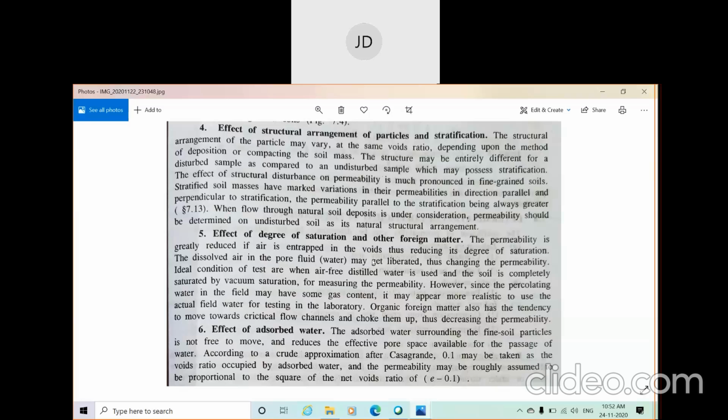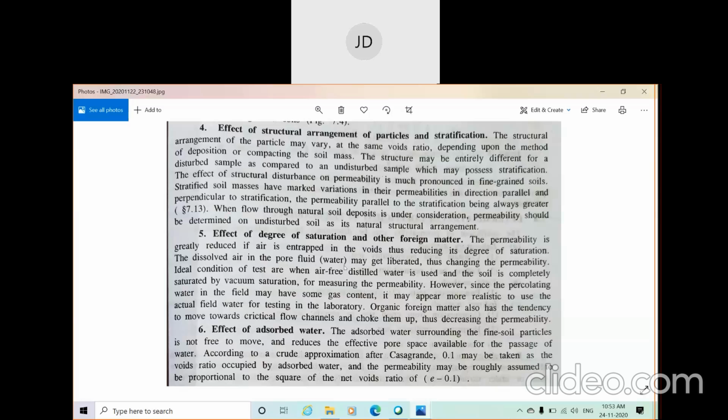That means if the voids are entrapped by air, there is no way for water to pass through. So indirectly, it is reducing the permeability. That's why it is given as the permeability is greatly decreased if air is entrapped in the voids, and this reduces its degree of saturation.